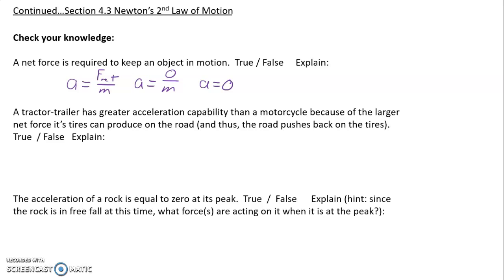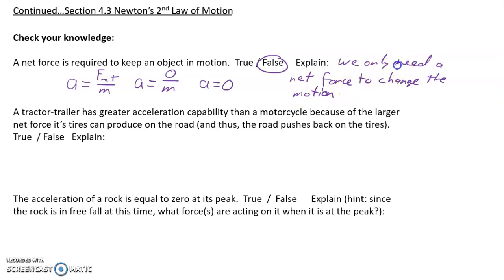No, we only need a net force to change the motion.